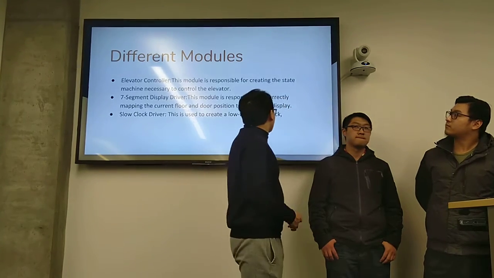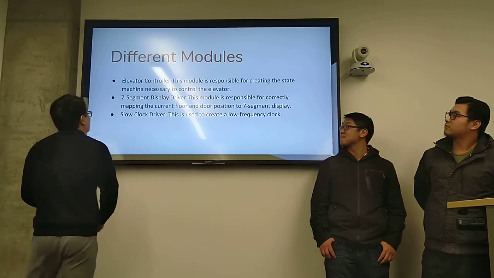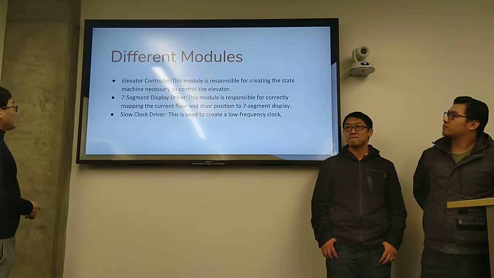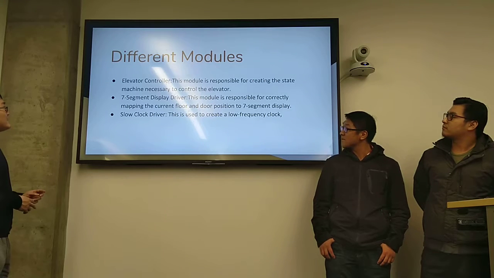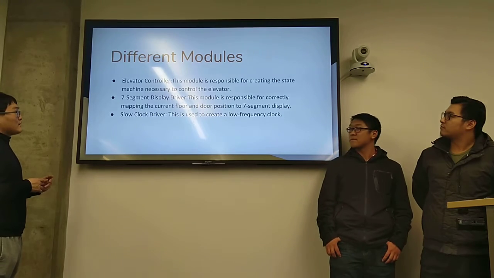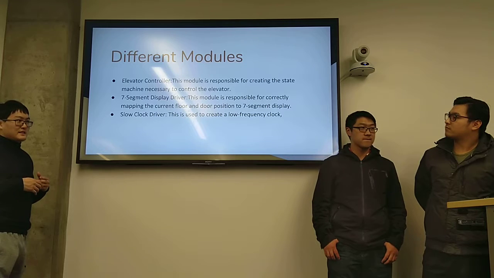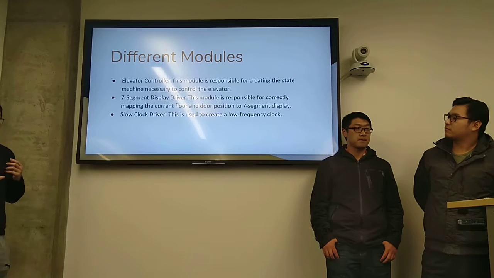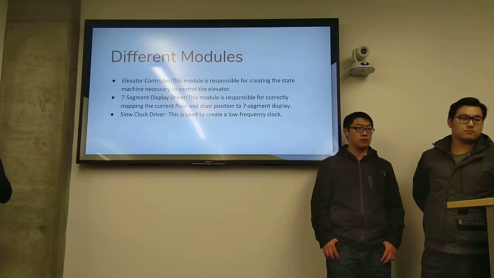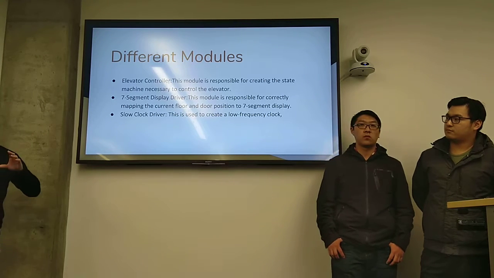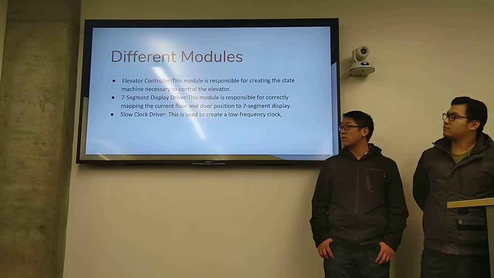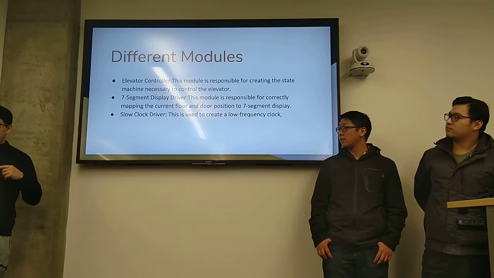Generally we may have different modules. First is what we call the elevator controller. The elevator controller is actually a state machine. A state machine just means that the elevator may have different statuses. For example, it can stop, it can go, and it can be waiting, but because the door will open and close, we need to transition from one state to another state.